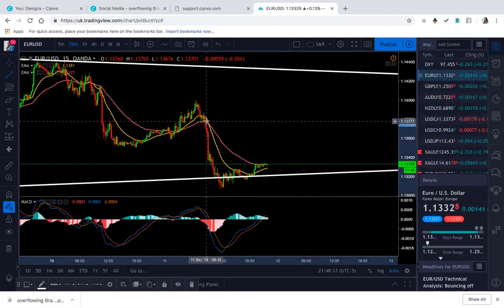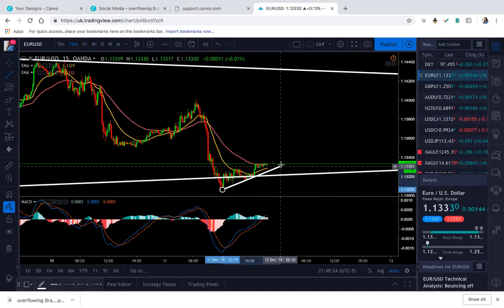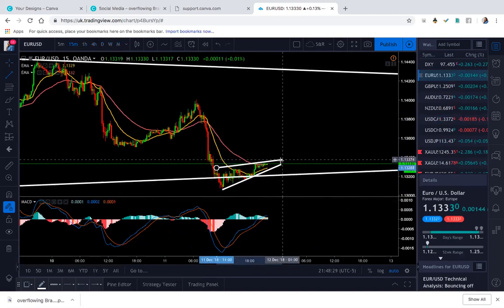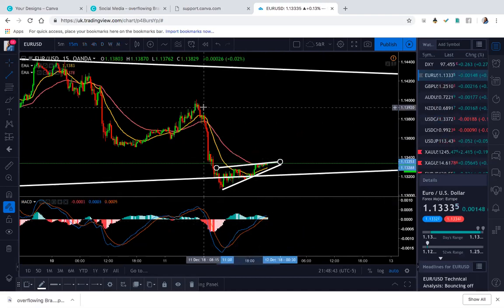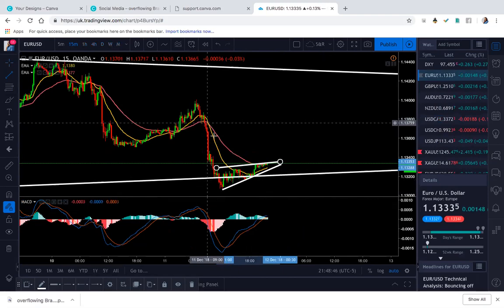Right. So now we have an impulse and a flag, right? Now the MACD is showing that the buyers are losing their momentum over here, right? The moving averages already show a sell.